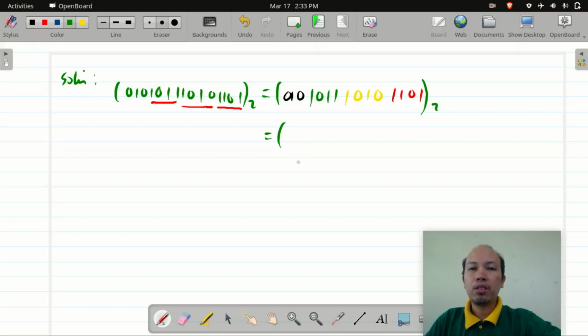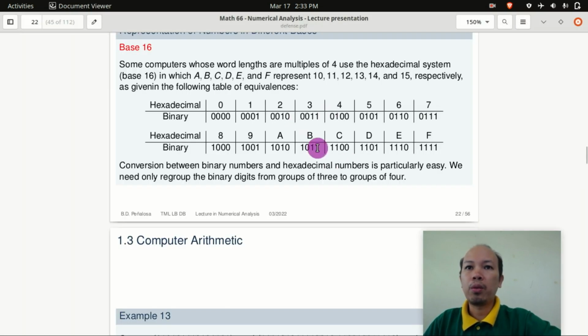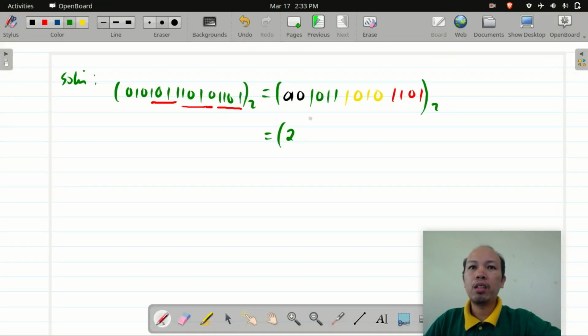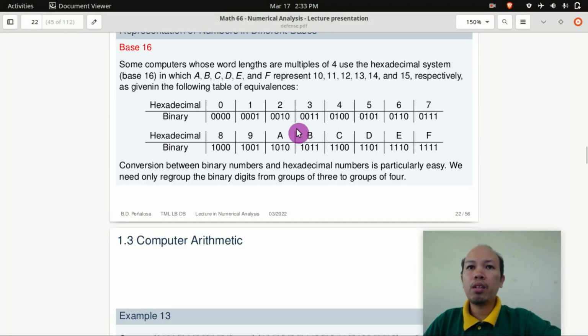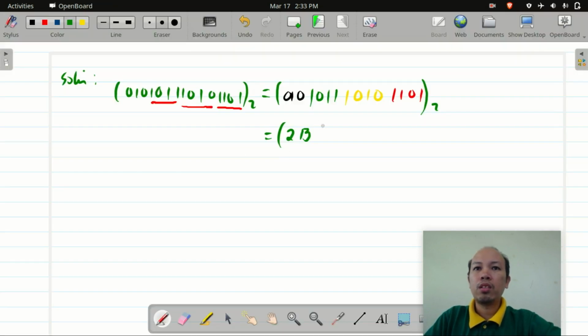The first is 2, and then the green one here, 1011. 1011 is 11, which is letter B. We have B here. And then 1010 is 10, so this is A.